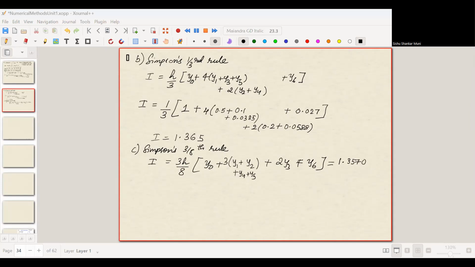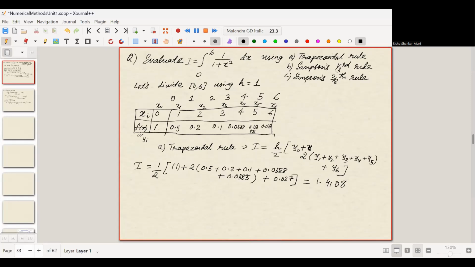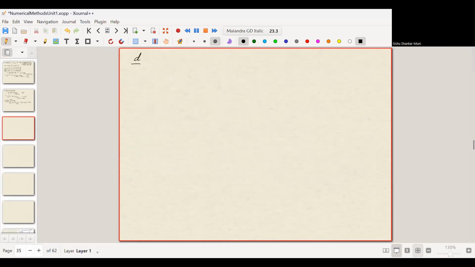So now here is the main thing. Can we solve this integration analytically? Observe this integration. Can you solve this analytically? I will ask you this question. What is d by dx of tan inverse x?